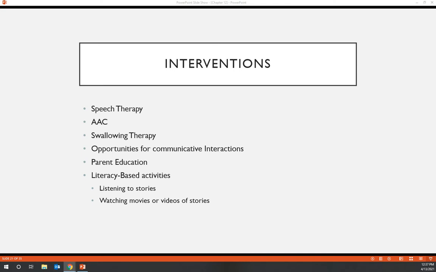It's a quality intervention, but it's very dependent on the person's motor ability and their type and severity of cerebral palsy. And they just need those opportunities for communicative interactions. They need the same kind of literacy-based activities. And we just have to help parents understand that too.